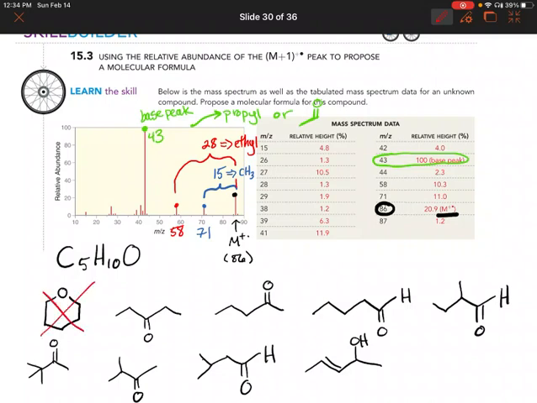So we can rule that out. Let's see. We know we're going to lose an ethyl group. So looking at this molecule here, I only see methyl groups that could be cut off. And I don't see any ethyl groups that could be cut off. So this is probably not our molecule.